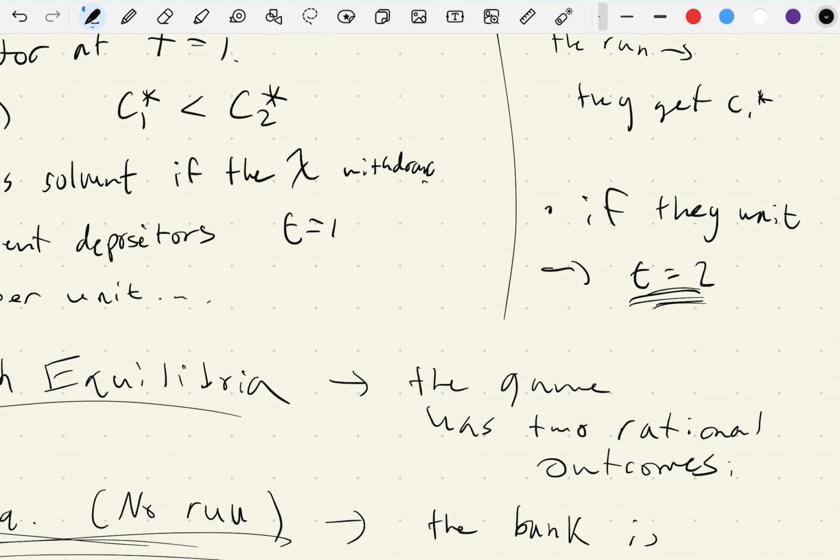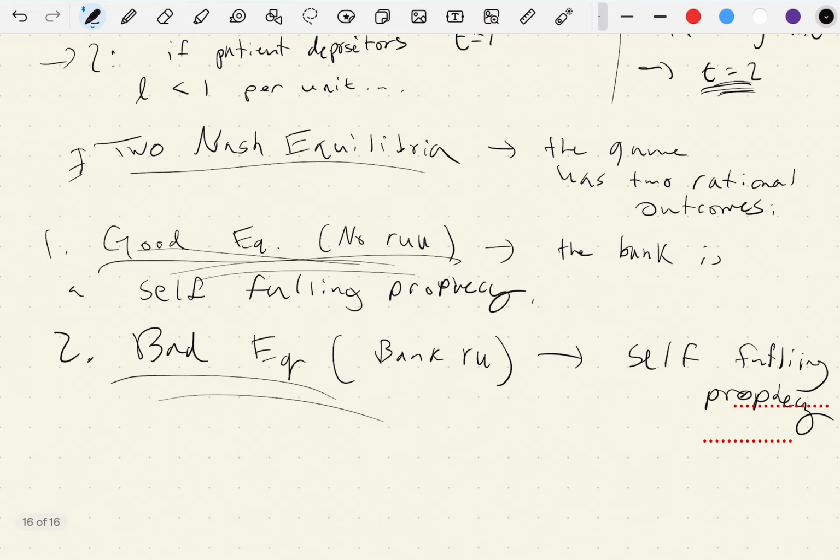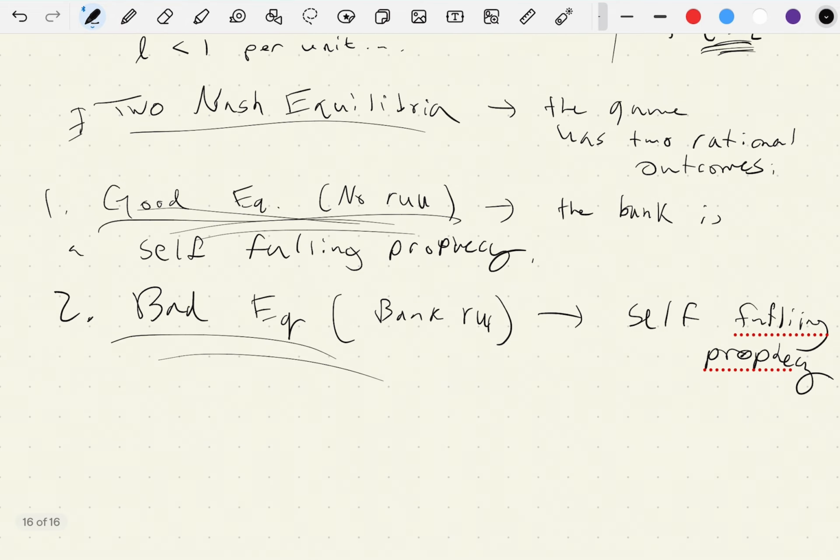It's not an emotional response, because if they wait until the next period, the illiquid period where they expect to have their long-term payoff, they're going to get nothing left because the bank was destroyed. So it's more rational for them to join the crowd. Okay, so that's why it's a bank-run equilibrium. It's a bad equilibrium.